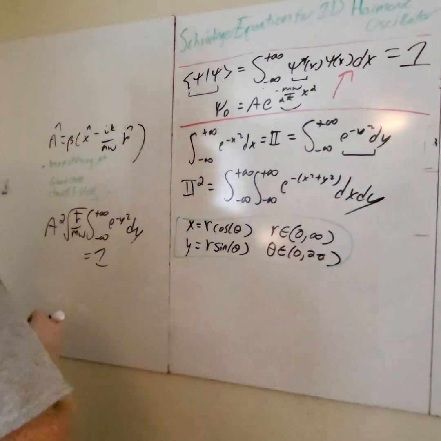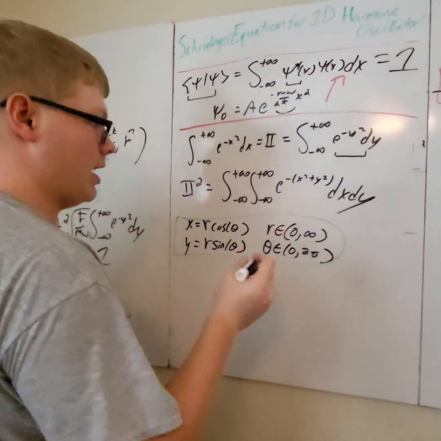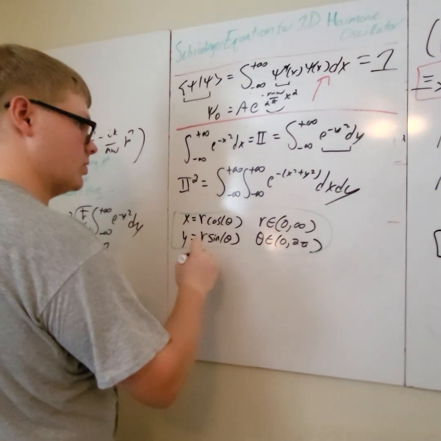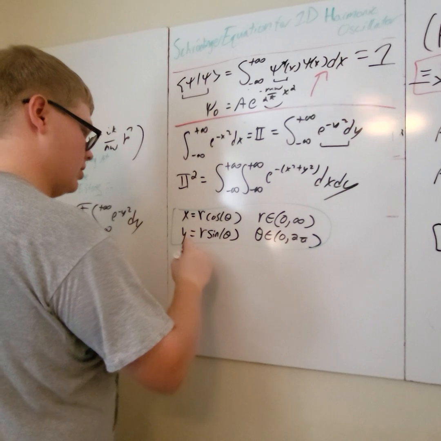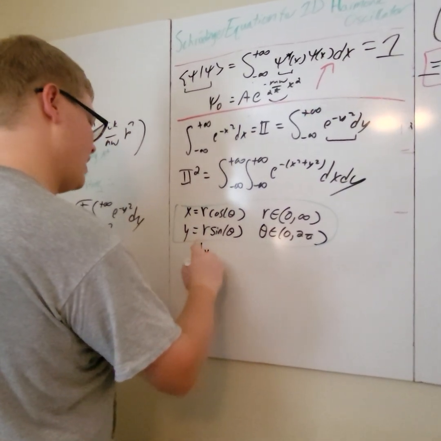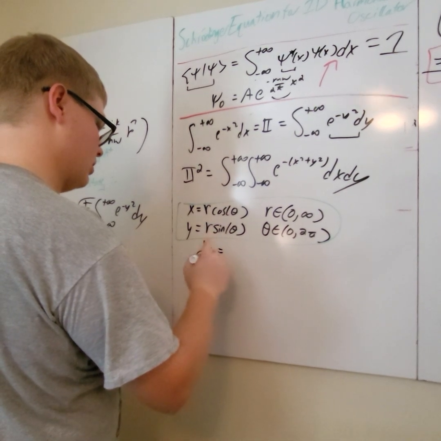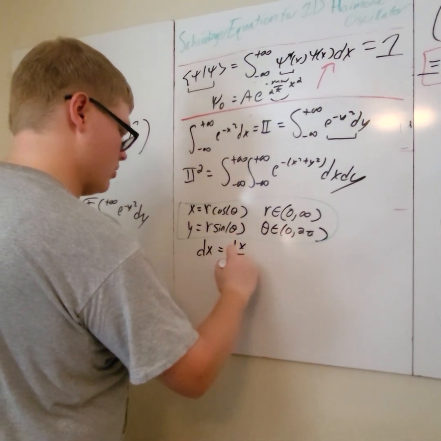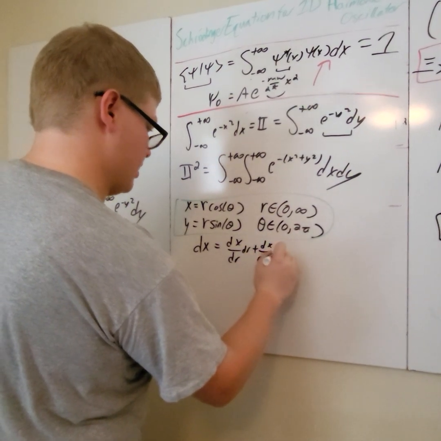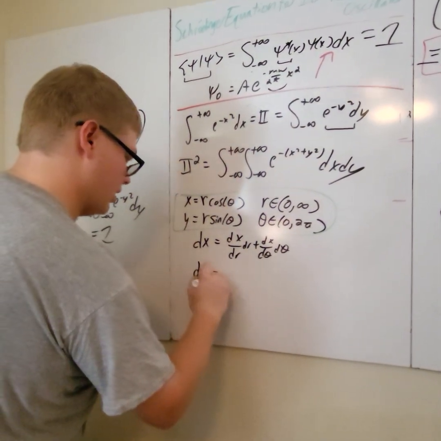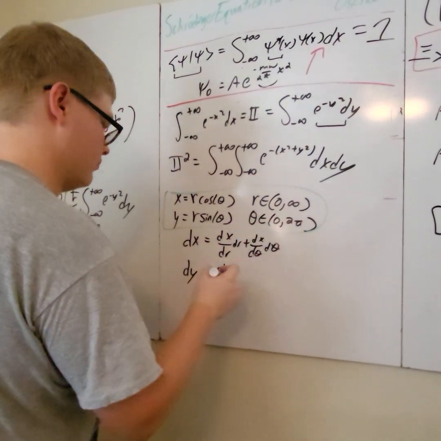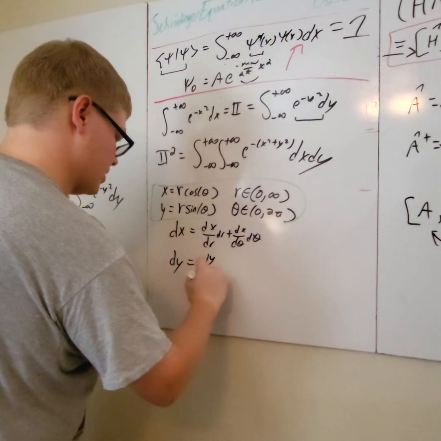Now, when calculating area changes, well, let's just see how a total differential changes. dx equals, you have to account for the change in r and theta, and for dy, the differential of y, when you change r and theta, it'll change by this much.